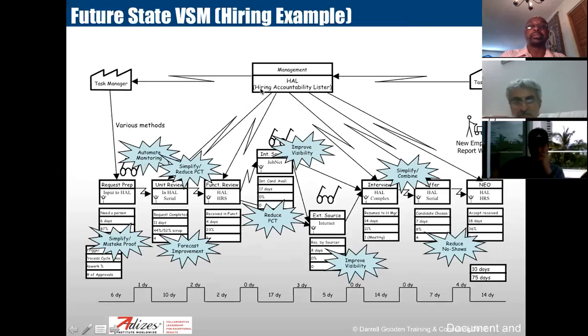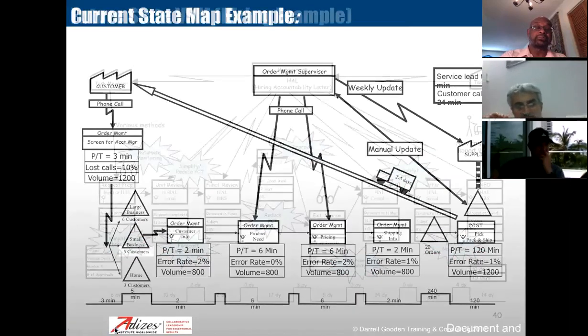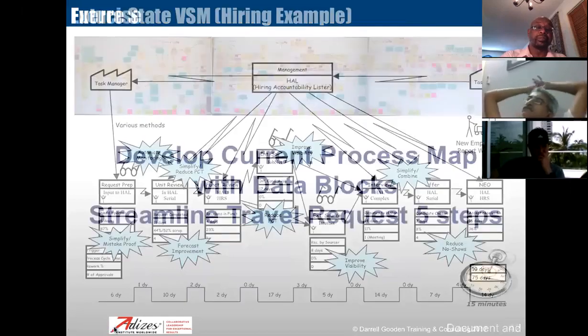I just wanted to point out, this was the hiring accountability lister. And I had a hiring example earlier, and I showed you one, the previous current state map, which was from the order management. So you could take any process, be it hiring. Hiring would be an HR block, correct? Yeah, correct. Right. So any of the blocks could benefit from mapping.